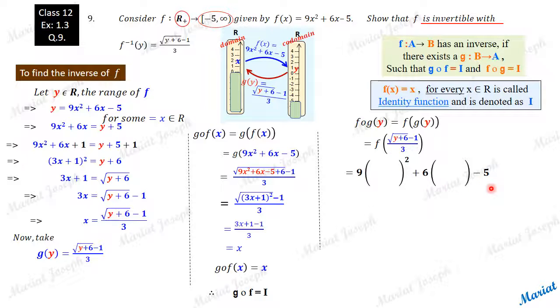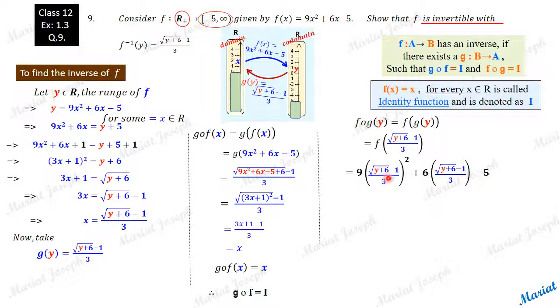This is the F rule. Look, F rule is 9x square plus 6x minus 5, where x is this expression. This whole thing you place here. Here it goes. Now let's simplify further. This whole square makes it 9, 9 cancel.